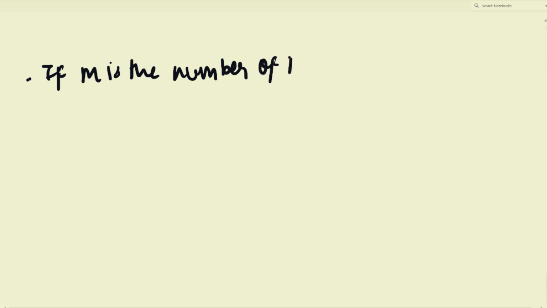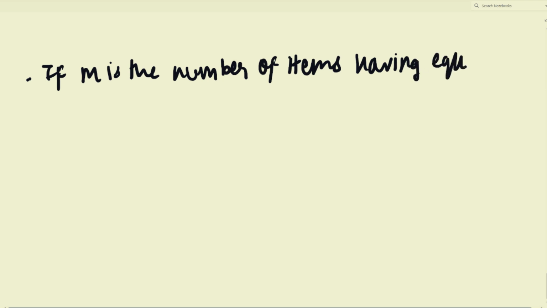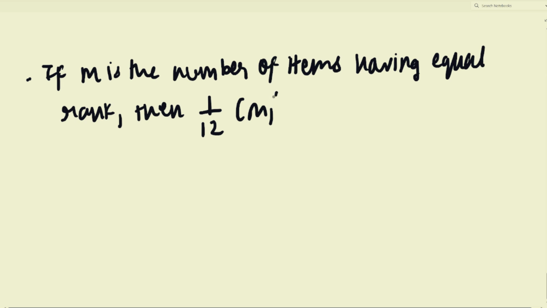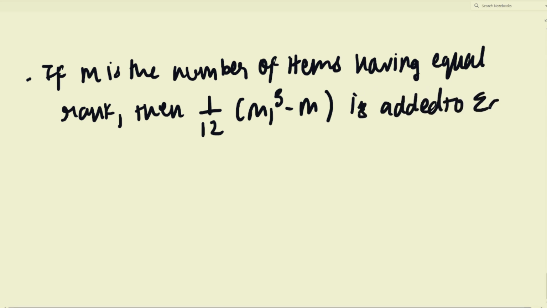And if m is the number of items having equal rank, there could be 10 to 15 values which have the same rank, so we will use this formula. Then 1 by 12 m1 cube minus m1 is added to summation of d square.